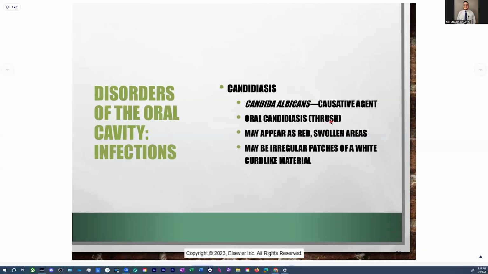What thrush is, is that we have normal flora in our mouth, just like everywhere else, bacteria and some fungi. And one of the fungi, Candida albicans, hangs out in our mouth. Usually you see thrush after a recent therapy with antibiotics.